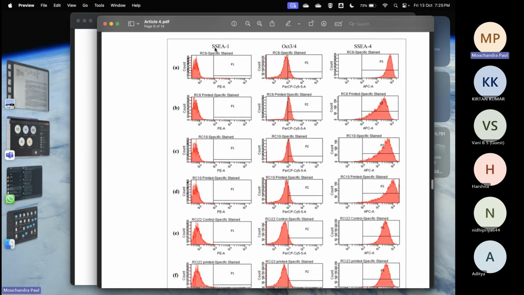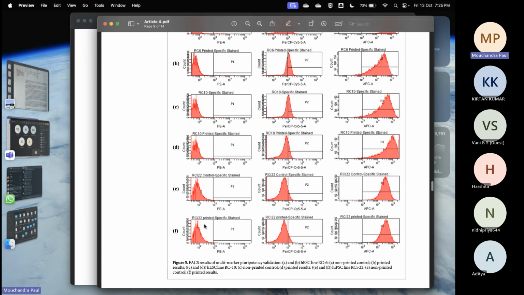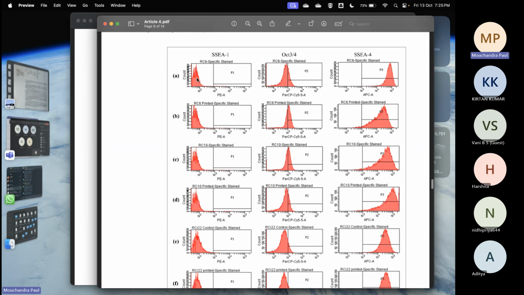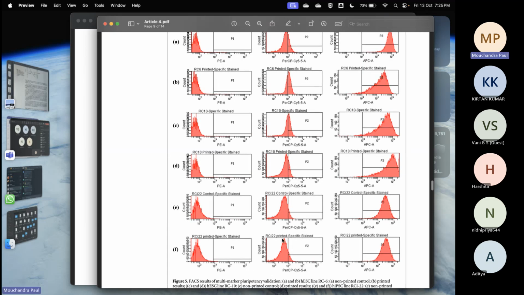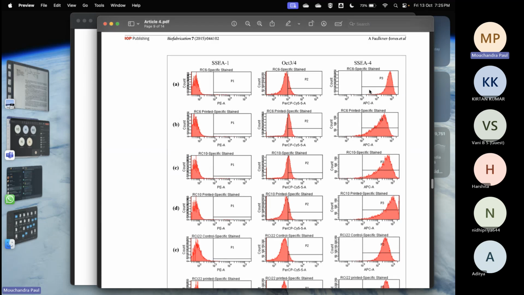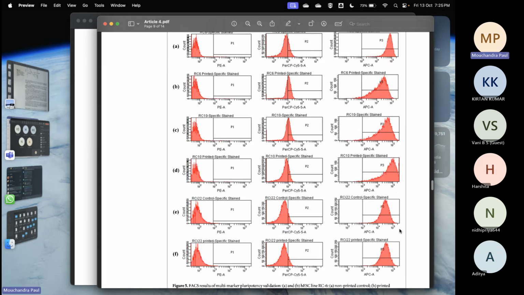SSEA1 is not expressed in the pluripotent stem cells. This graph is towards the left-hand side, not towards the right-hand side. Whereas for OCT3/4 and SSEA4, you can see this graph is positioned around the center, and here it is positioned on the right-hand side.